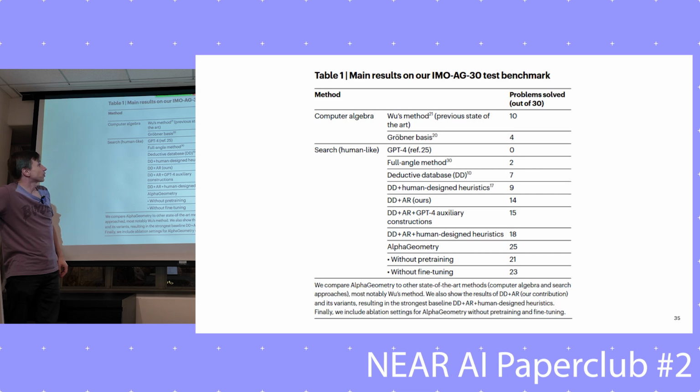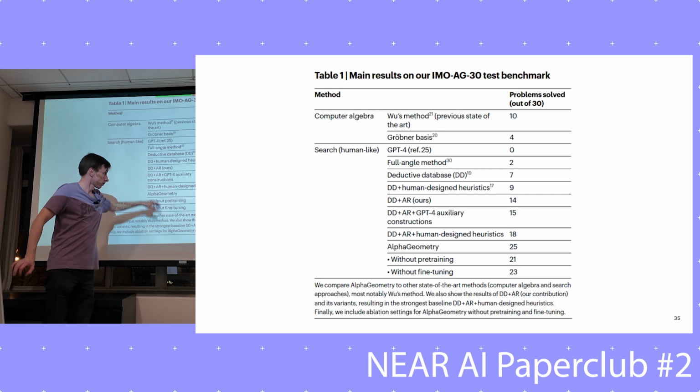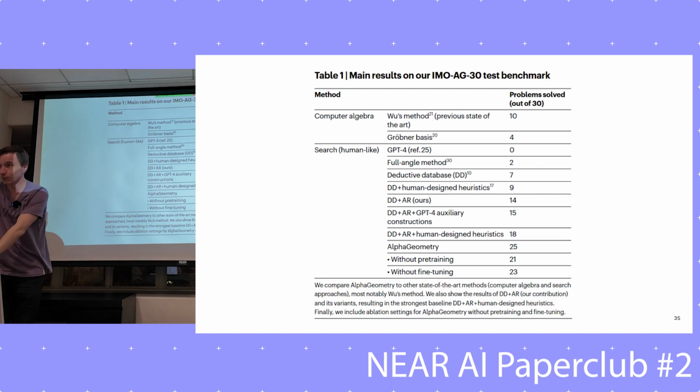And then they have an interesting data point. So they try GPT-4. They have a prompt that tries to solve problems. It solves 0, but then they say, well, it might solve 0 on its own. But what if we only use GPT-4 to construct auxiliary points the same way we use our model? That gives you 1 more problem. So not a massive advantage.